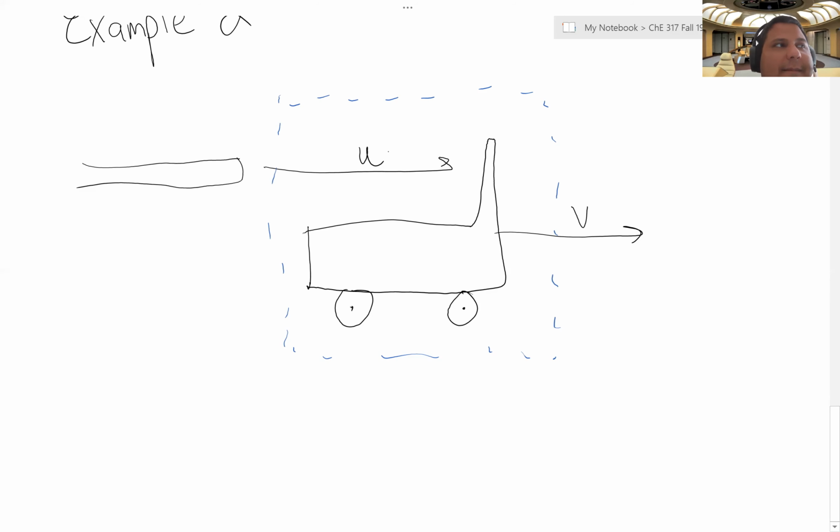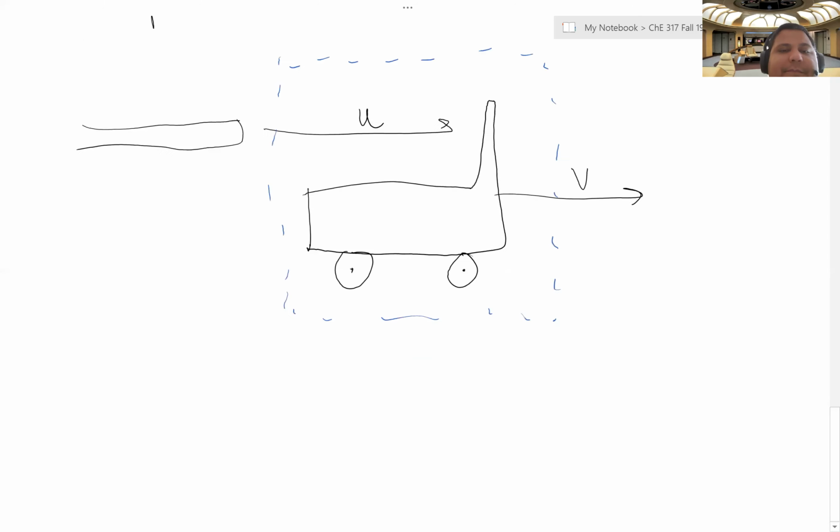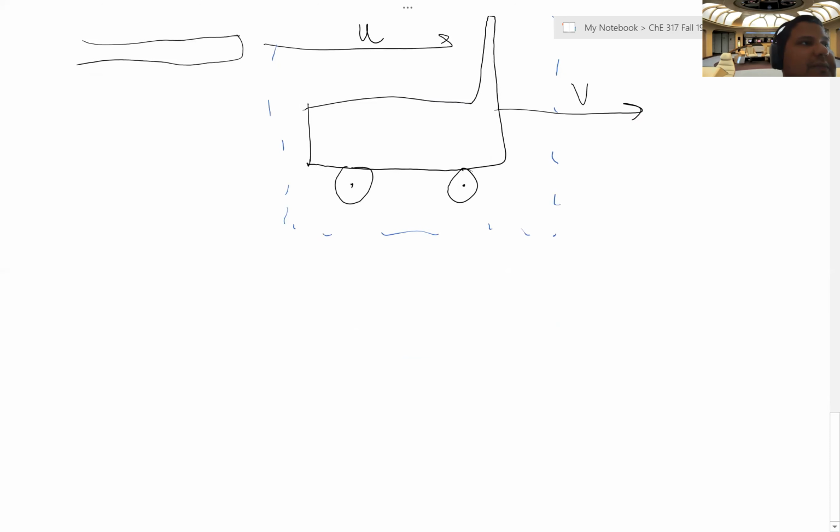There are a couple of ways in which you can define it. You should end up with the same solution. However, for this example, we're going to assume that the control surface is moving with the trolley, meaning my system boundary is going to be moving with the trolley.